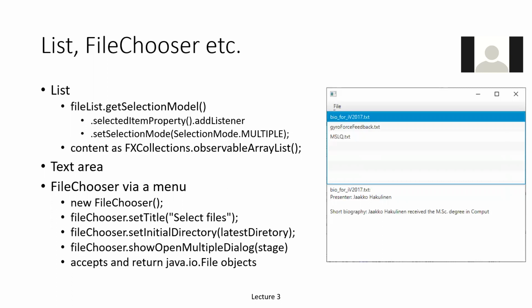And then we have the file chooser. You just create a new file chooser. You set the title, set the initial directory, and then show open dialog or show open multiple dialog depending on the needs of the application. And both the directory and the returned files are these Java IO file objects.